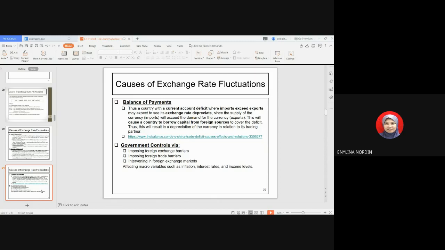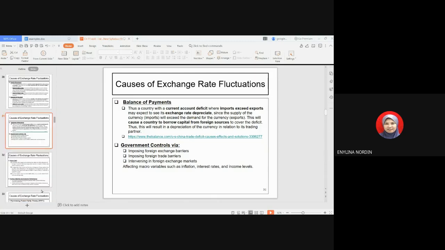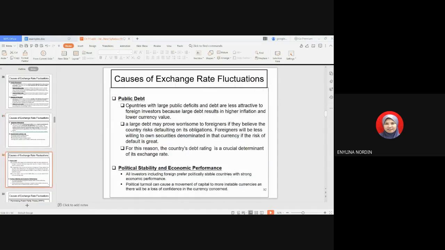income level. Another factor that will influence the exchange rate is public debt. A country with a large public deficit and debt is less attractive to foreign investors. Why is that?